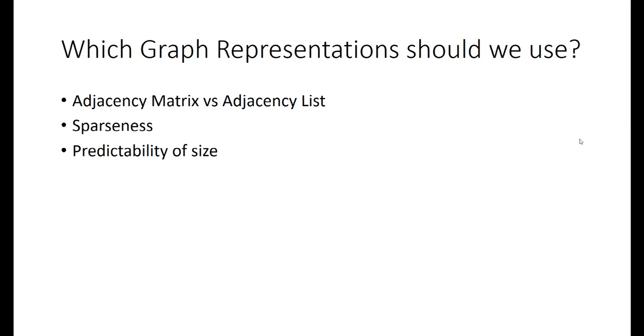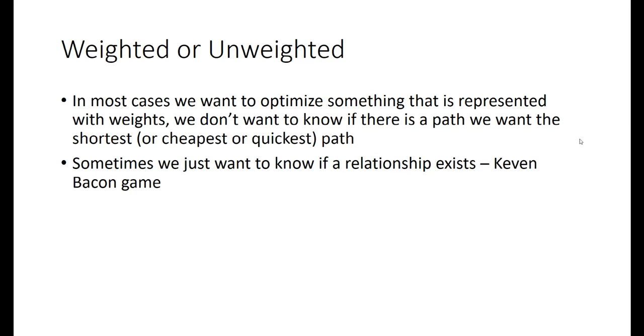The other question, of course, whenever we run into using a matrix, using an array, is can we predict the size? If we don't have a good handle on how big it's going to be, similar problem to using the hash table, we can't really predict how big it's going to be, then we're probably better off using the lists approach. Okay. Weighted or unweighted, in most cases we optimize something that's represented with weights.